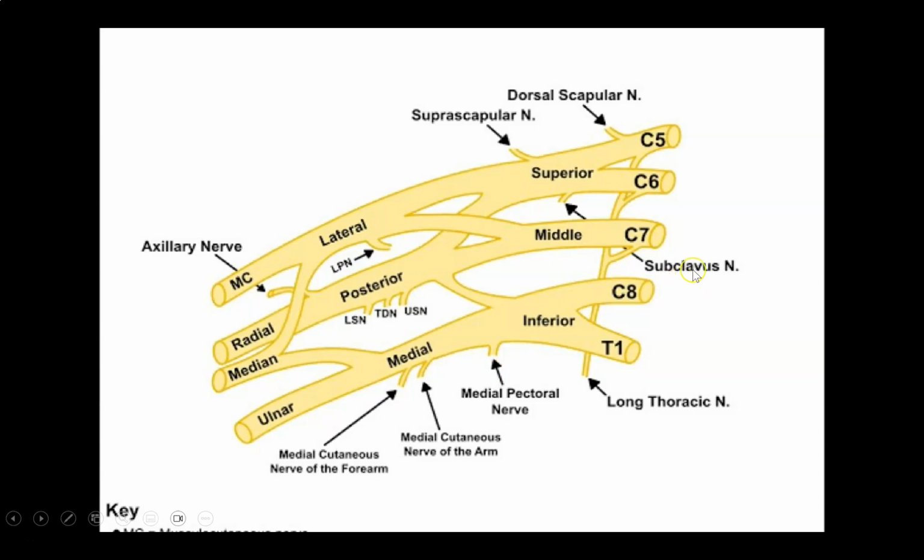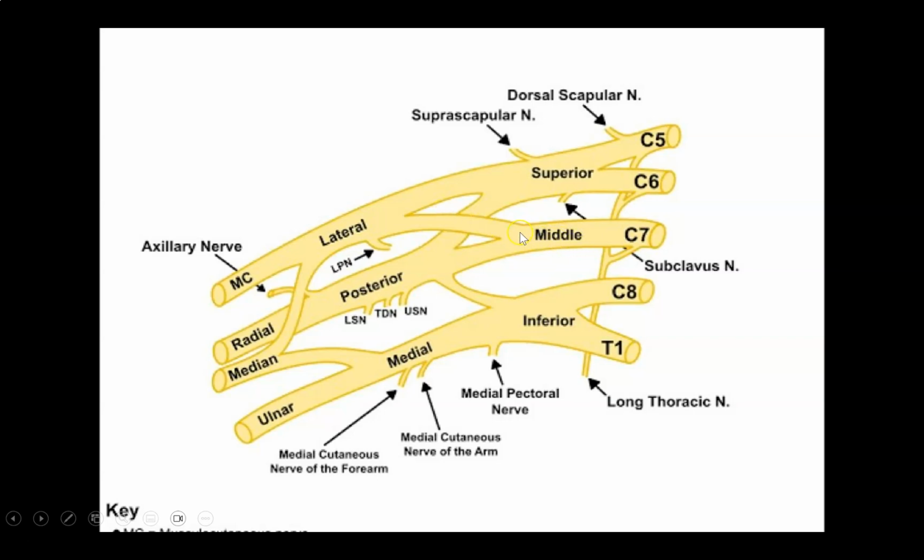So again, branches from the roots: dorsal scapular nerve, nerve to subclavius, long thoracic or nerve to serratus anterior. Branch from the upper trunk: suprascapular nerve. Then the divisions, anterior and posterior.